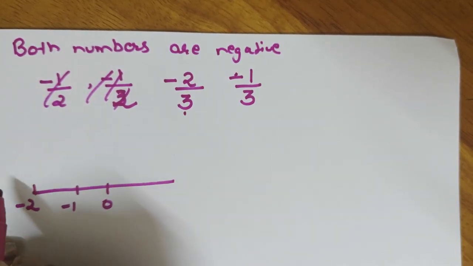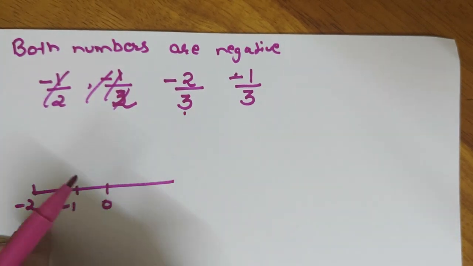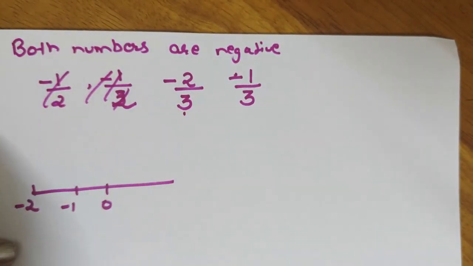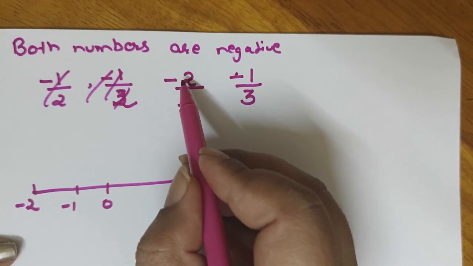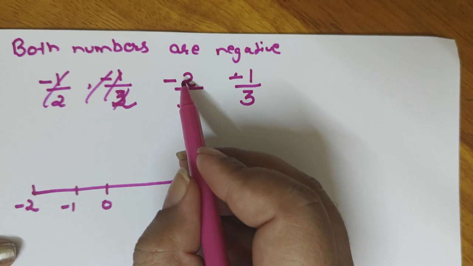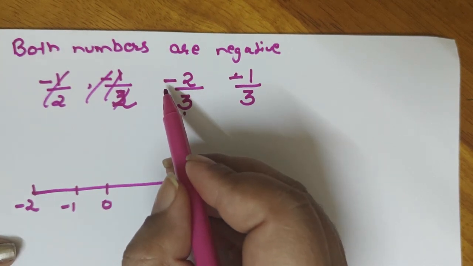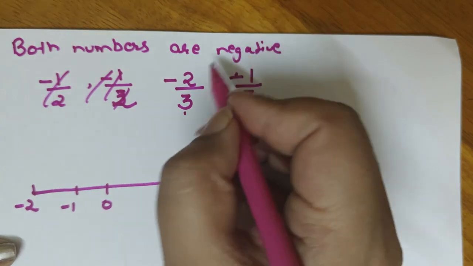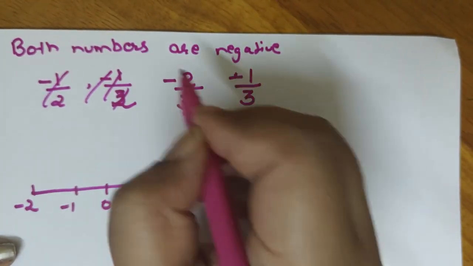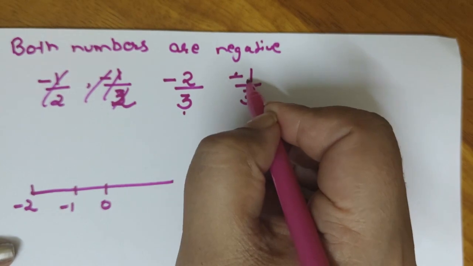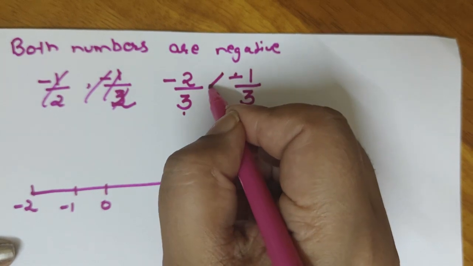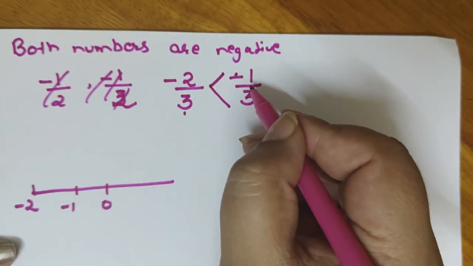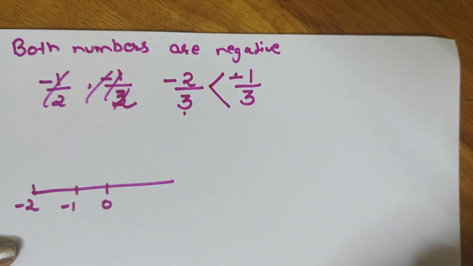As we go towards the left side, the number value decreases. They are less there and here it is more. So similarly, if the negative numerator is greater in magnitude, that means it is a smaller number. Since the denominator is equal, here I have -2 and -1. Since -2 is less than -1, that means this rational number is also less than this rational number.